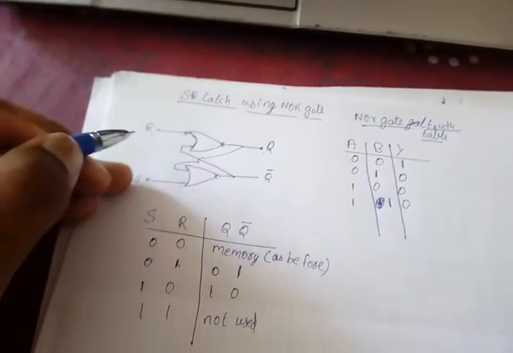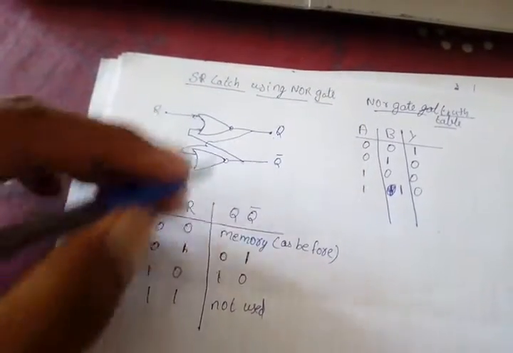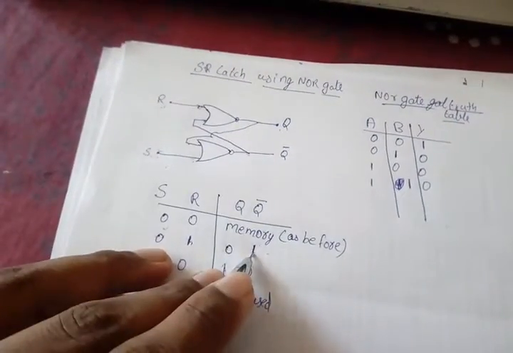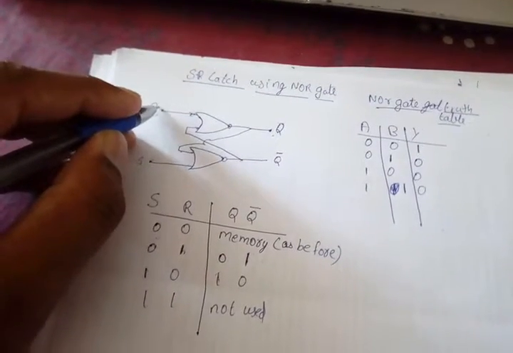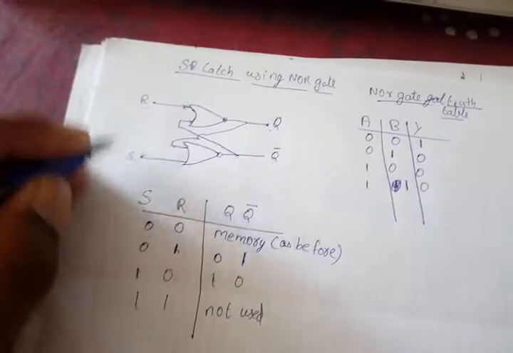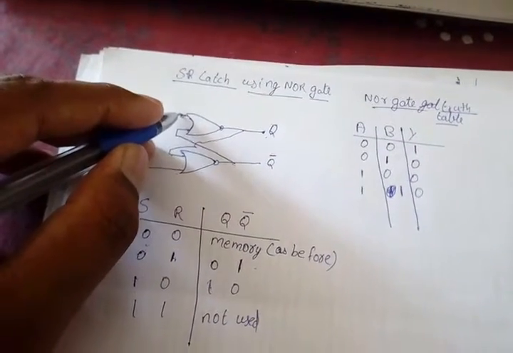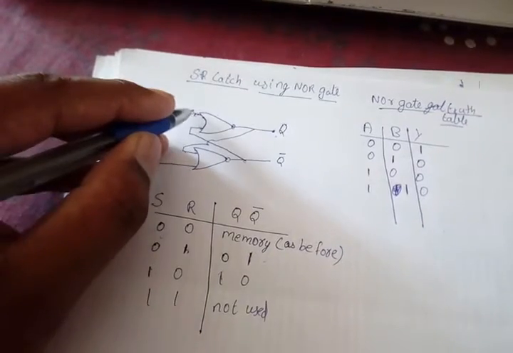That is, Q bar is 1 and Q is 0. Thus R is 0 and S is 0. Here it will be 0 and Q bar is 1. Thus here it will be 1 and here it will be 0.